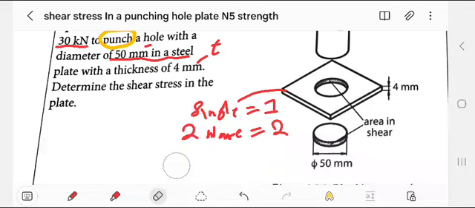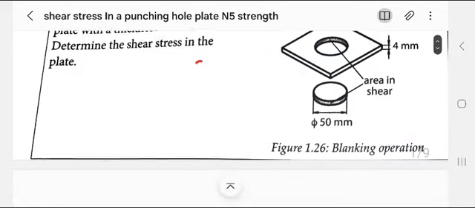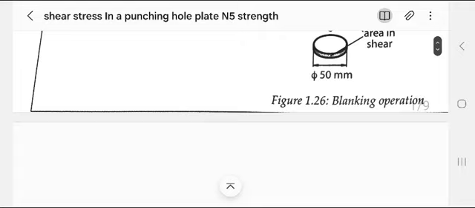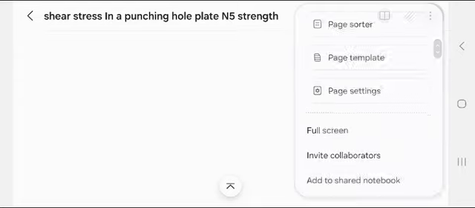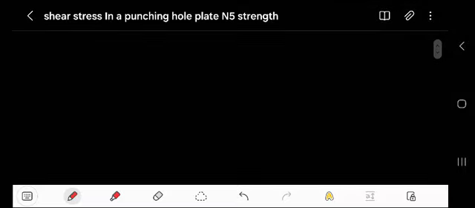So, yeah, guys, this is what it is. So we want to determine the shear stress. I dislike this color. Sorry about this. I like the black one. Okay, the shear stress, we know, guys, does not change. The shear stress is equal to force over area.